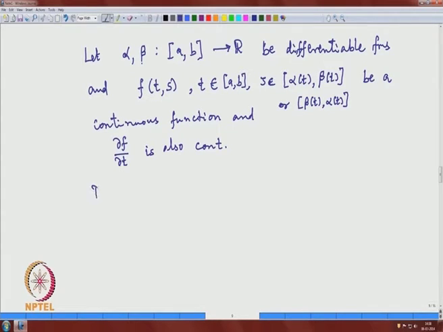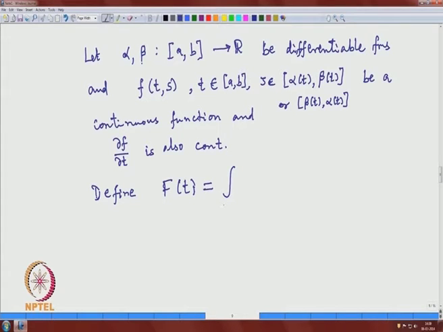So, now I am going to define a function of t alone, F of t, just like in the previous case, but now with all these things.